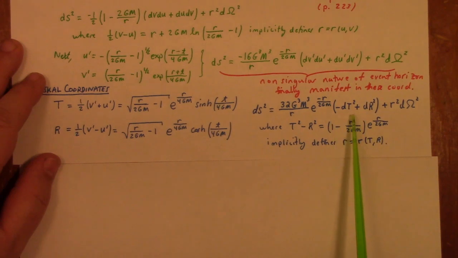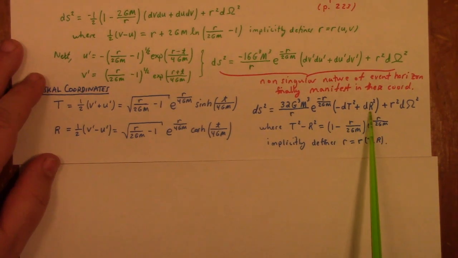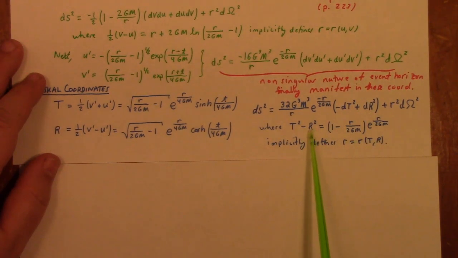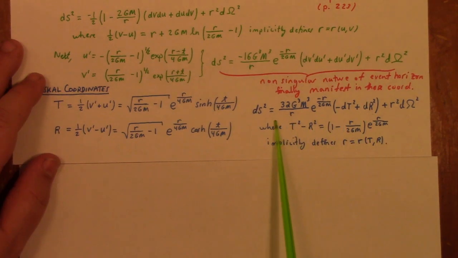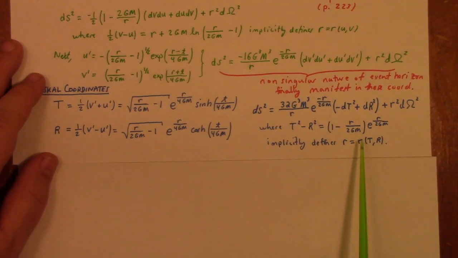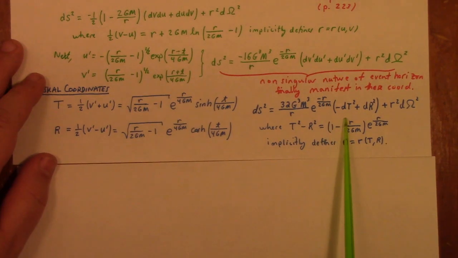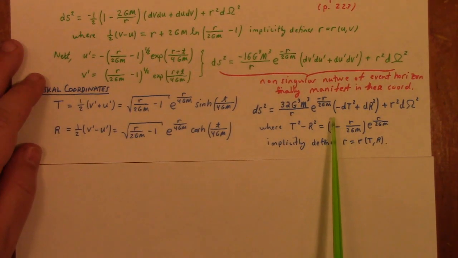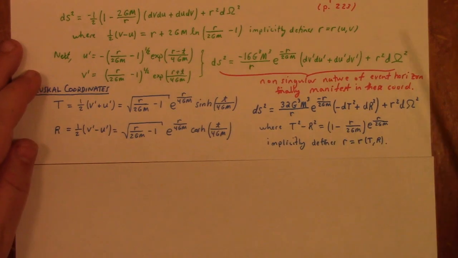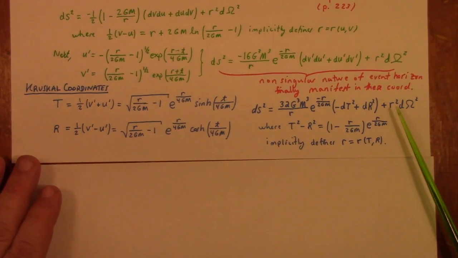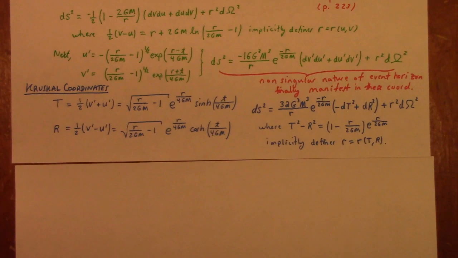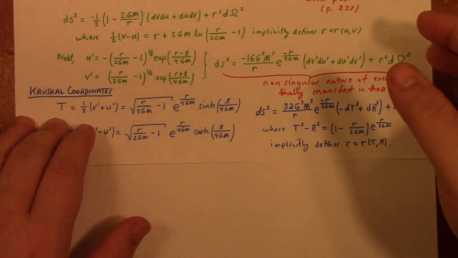It's not exactly that, but minus dt squared plus dr squared, and it's just a very, very nice formula. And in particular, this is nice because it makes the null surfaces very clear. This system of coordinates just allows you to see everything. It's very neat. So let's look at it a little bit.